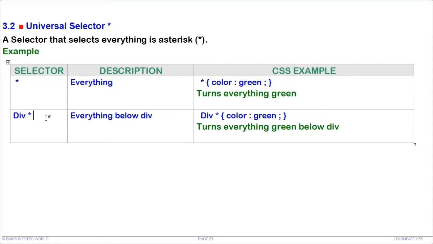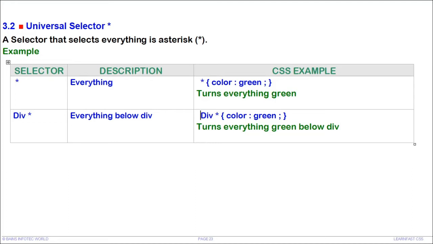So we can do nested star. If we want to apply a rule to everything contained within a parent HTML element, we can do so. So we can say div space star. First of all, select the div and then select anything that's inside the div, everything below the div.